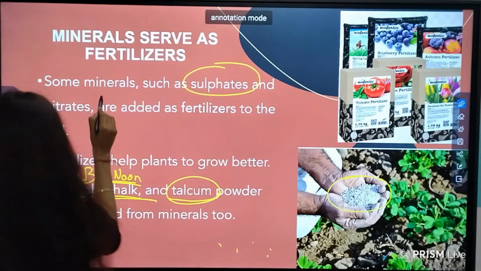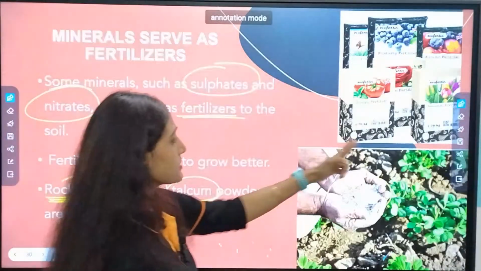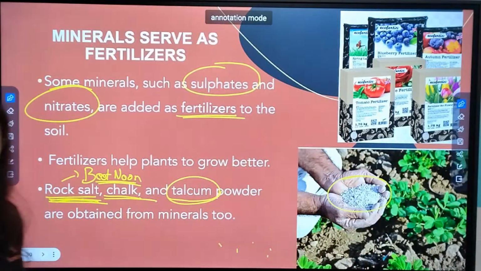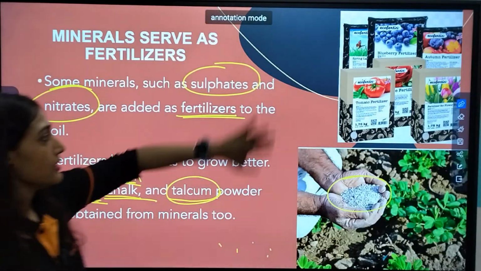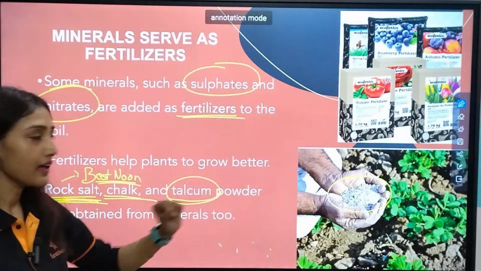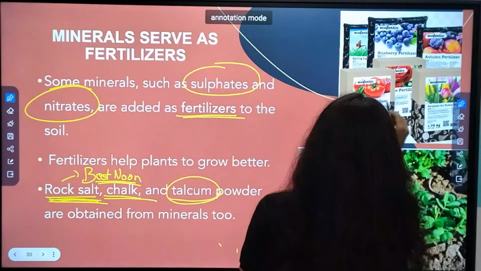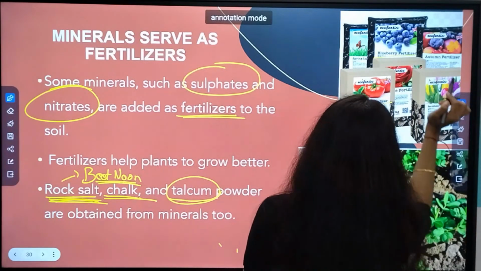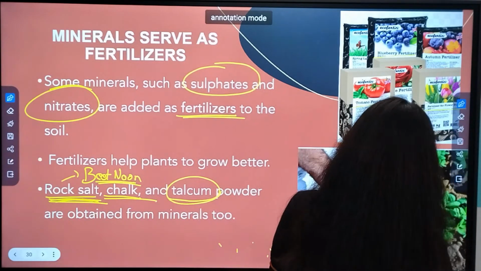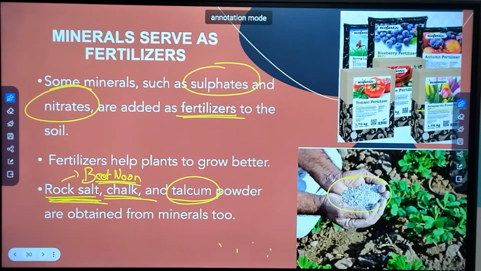Sulfates and nitrates are added as fertilizers to soil because sulfates and nitrates are deficient in the soil. So that is why they are added, and they are needed for every plant to grow better and properly. See, so many fertilizer names are given. Tomato fertilizer, blueberry fertilizer, then fertilizer for flowering plants, etc. Understood? Okay.